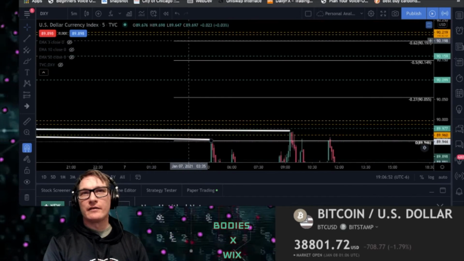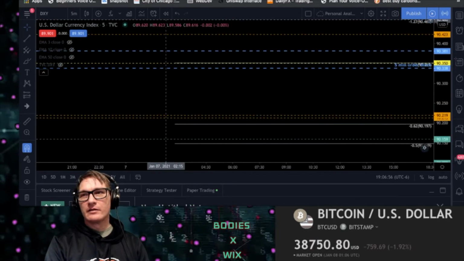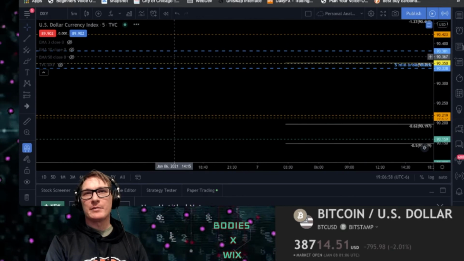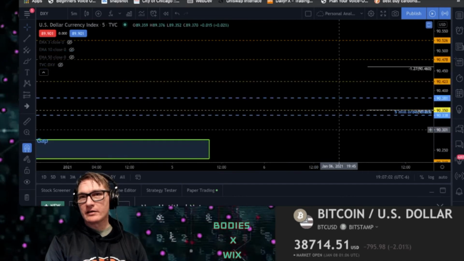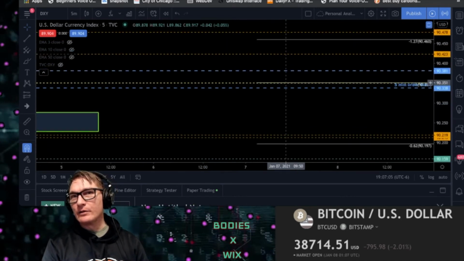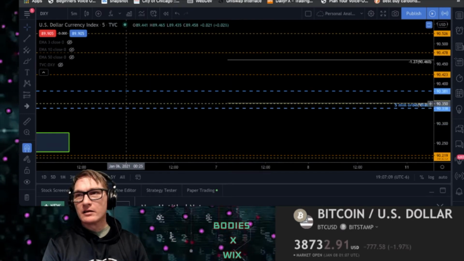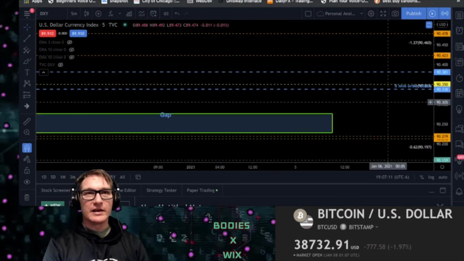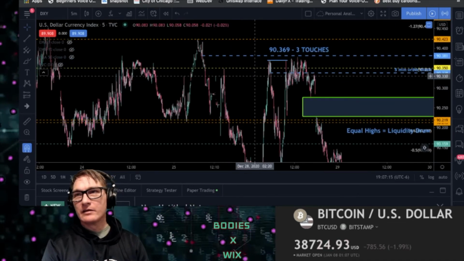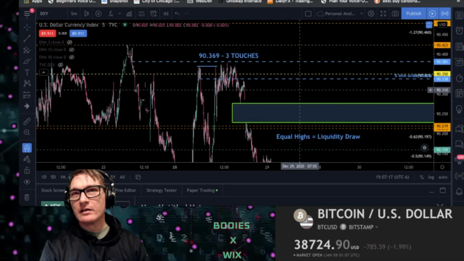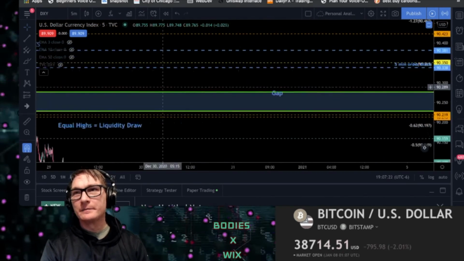And let's see where that full one takes us to. To take us to that gap is what I'm looking for. Yes, that full one not only takes us to a gap, but I think it takes us to a 5-minute order block, just above a 5-minute order block.